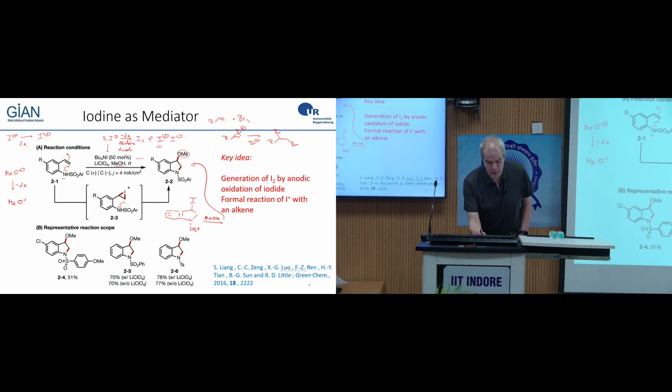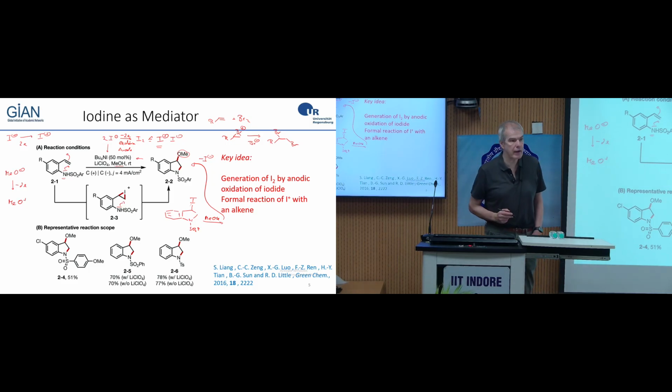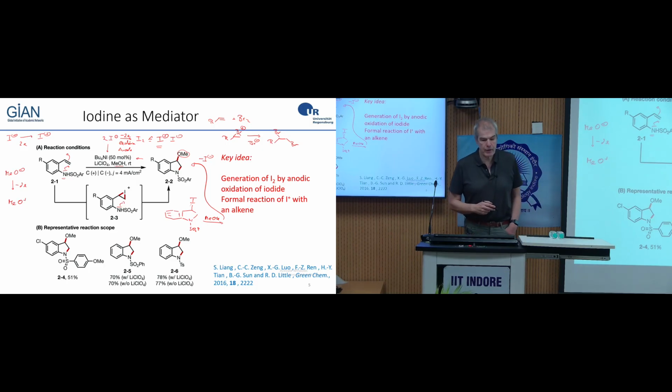They have a pretty impressive catalytic amount here with 50 mole %, but it's overall catalytic because you see here this final nucleophilic substitution, I am regenerating, I'm throwing out iodide, and this iodide then of course can get oxidized again. So it's catalytic, and this takes place on the anode.